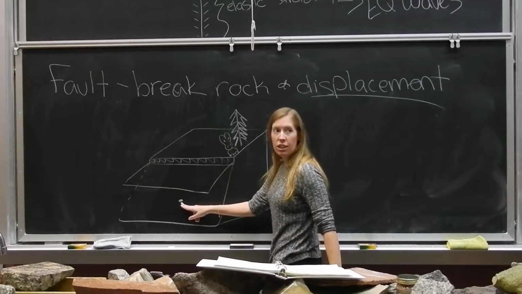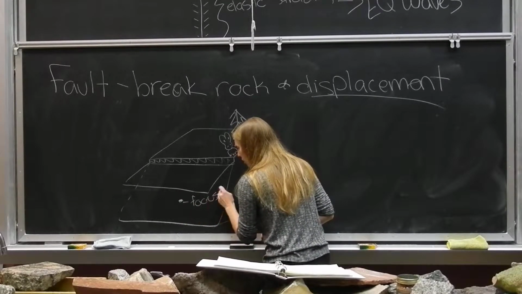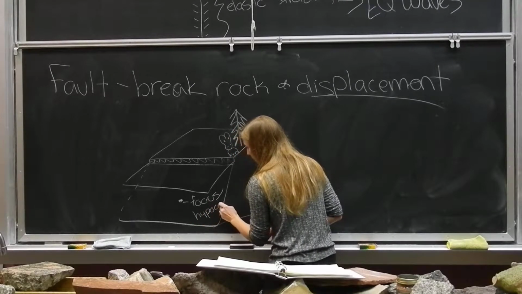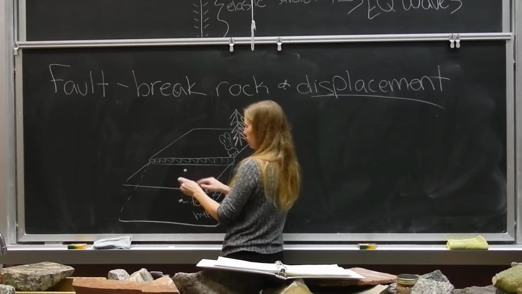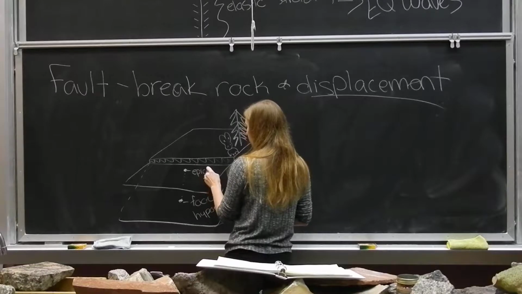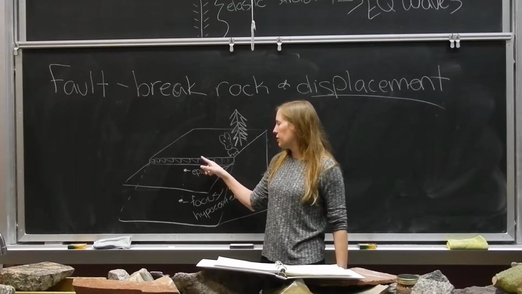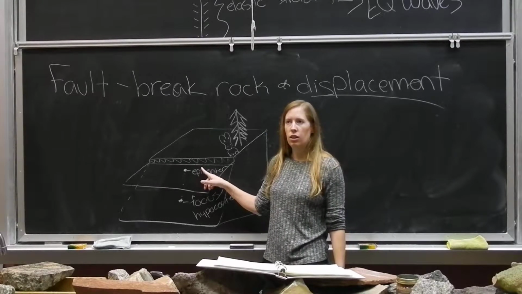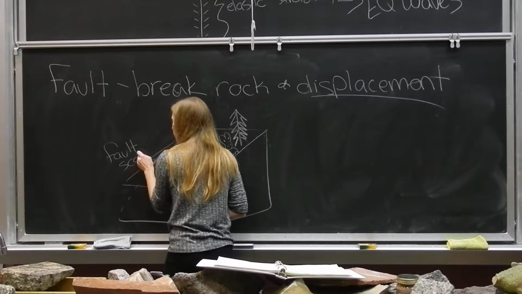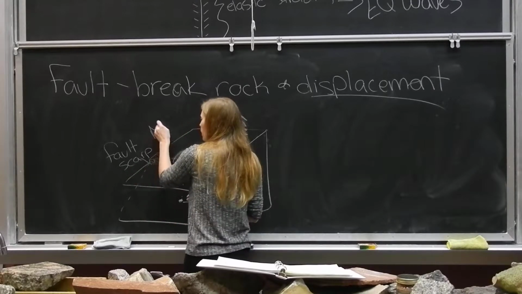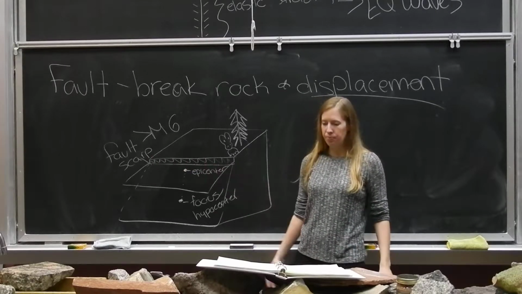This point where the earthquake actually starts to move, this is called our focus, or the hypocenter. If we bring that all the way to the surface, this is called the epicenter. And what's this guy called if it's actually displacing the rock? Fault scarp. Yeah, this is our fault scarp. And in order to get this, we need a magnitude 6 or greater, right, to get a big fault scarp. Beautiful.